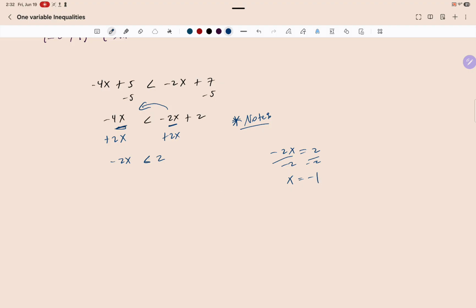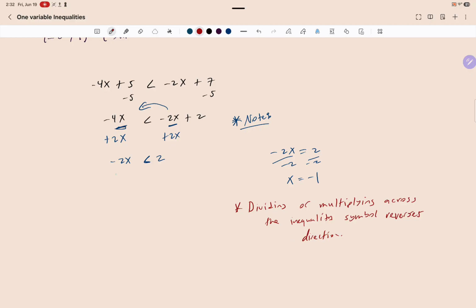But here, since we have an inequality, I must mention one rule: dividing or multiplying across the inequality symbol by a negative reverses, in other words changes, direction.